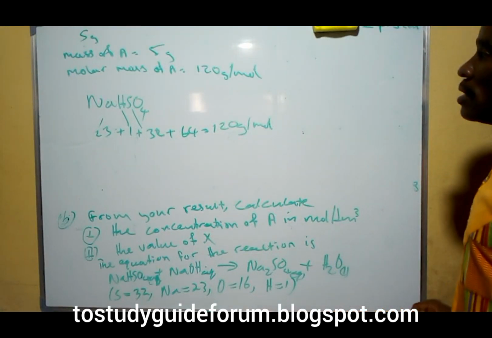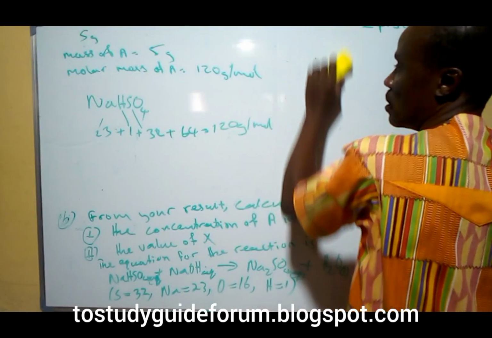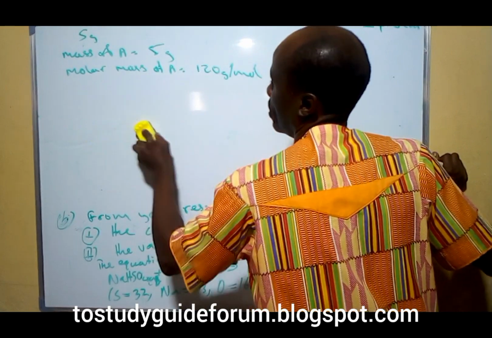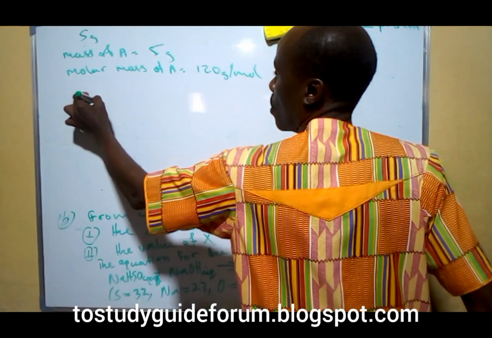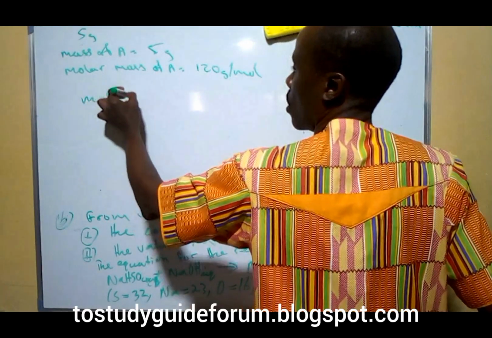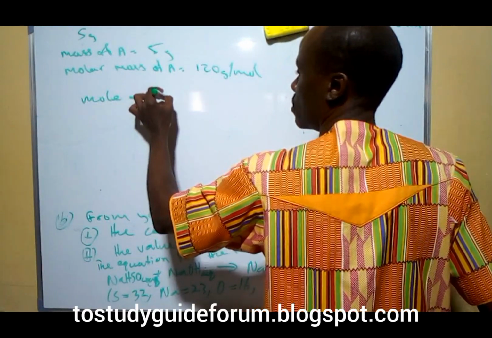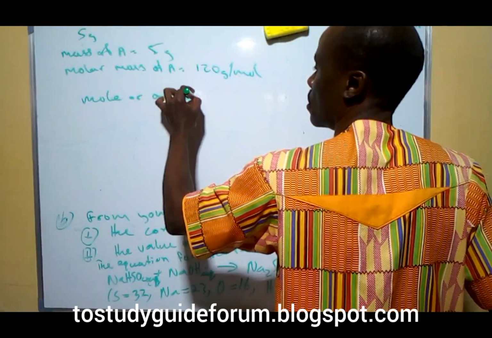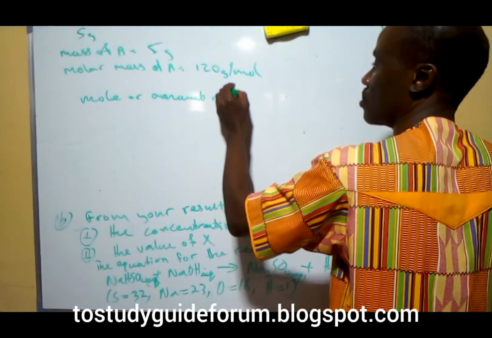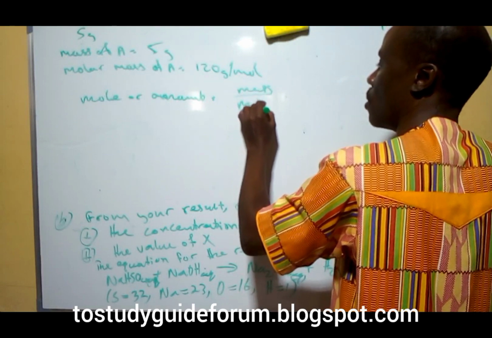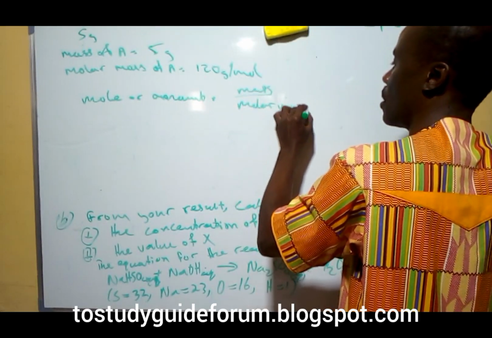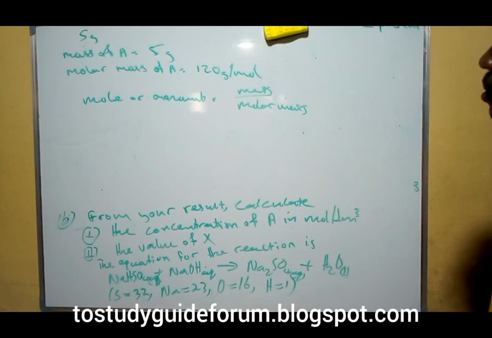To calculate the mole, sometimes we call it amount, amount is equal to mass over molar mass.